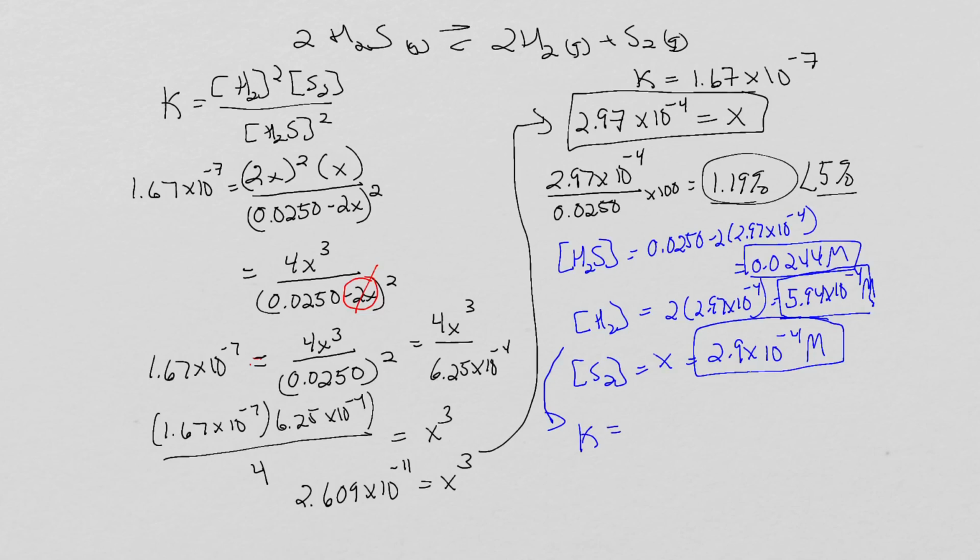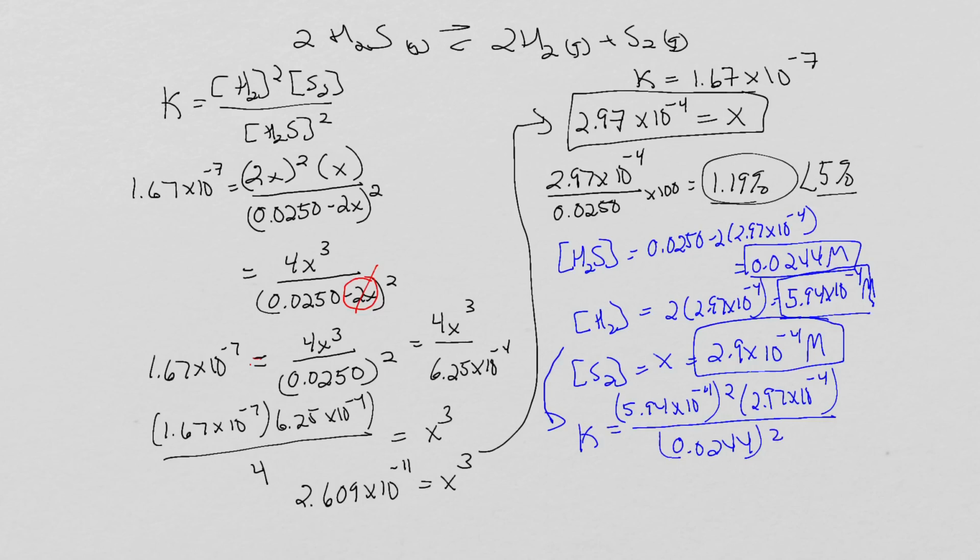So K equals 5.94 times 10 to the minus 4 squared times 2.97 times 10 to the minus 4, divided by H2S squared, or 0.0244 squared.